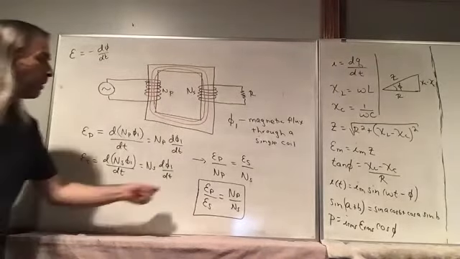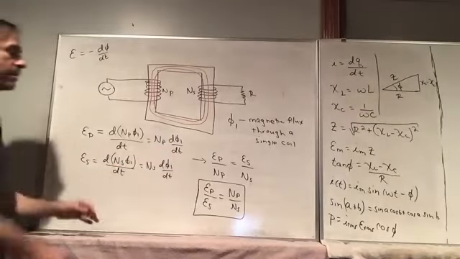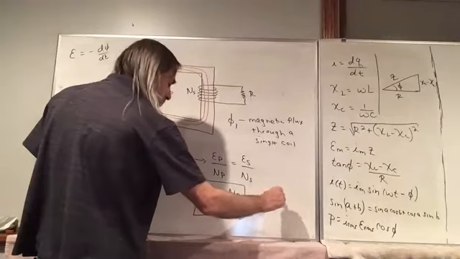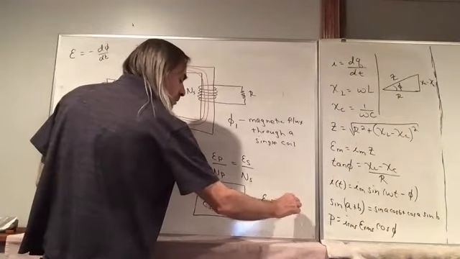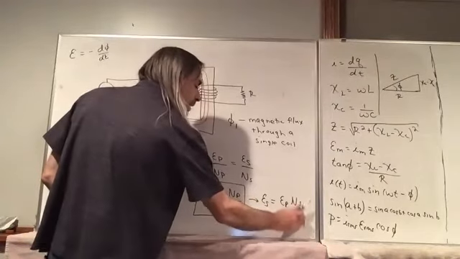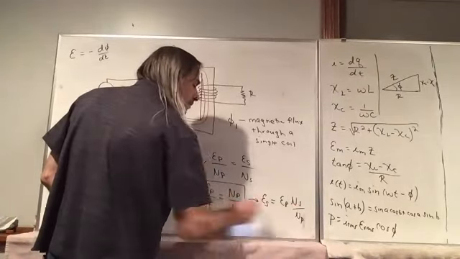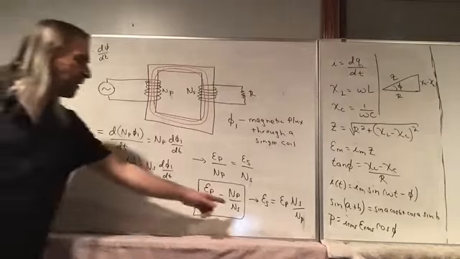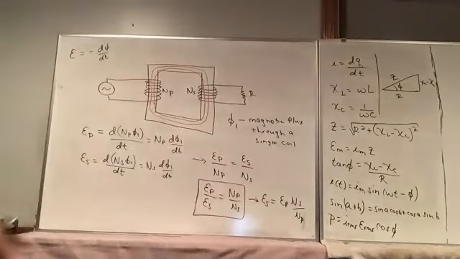So what you can do with a transformer, let's solve for the EMF in the secondary coil. That would be the EMF in the primary coil times the number of loops in the secondary coil over the number of loops in the primary coil. And again, this is very easy to fix.